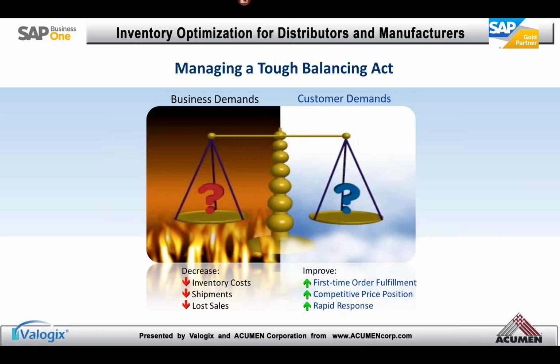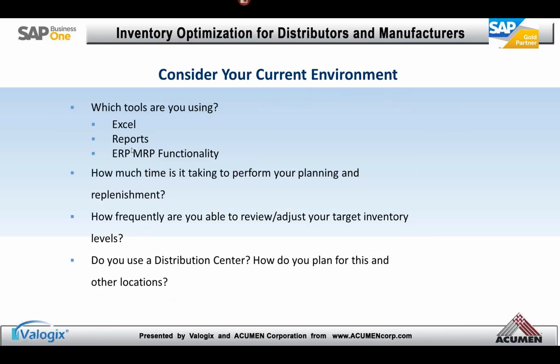And that's essentially what optimization is about at a high level. It's about helping to manage a very tough balancing act by helping to keep inventory costs as low as possible, while enabling a user to meet the anticipated demand at a desired service level or fill rate. So let's pause a second here and just ask yourself, what tools are you using? As Jeff had mentioned just a few minutes ago, the company he was with was actually using paper.